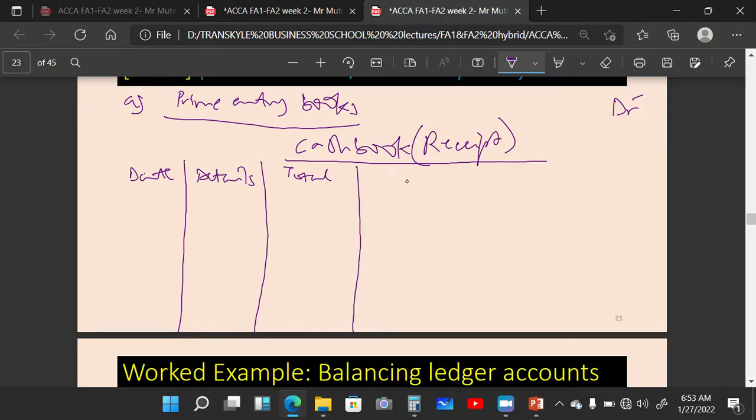Then we've got the items we are talking about, like for example capital, and sales. This is usually an analyzed cash book. And receivables.